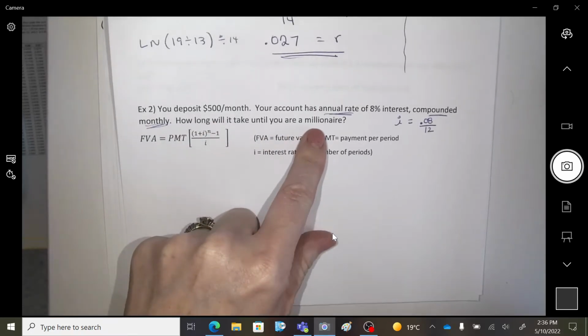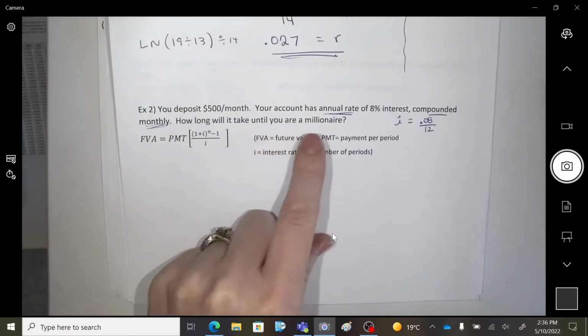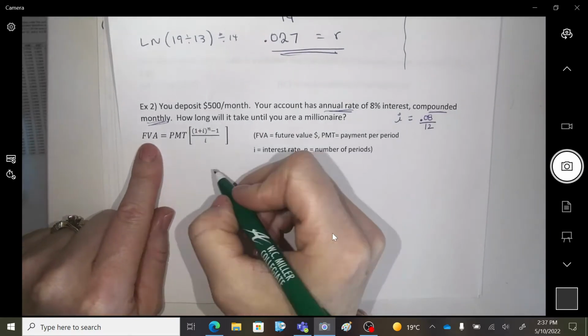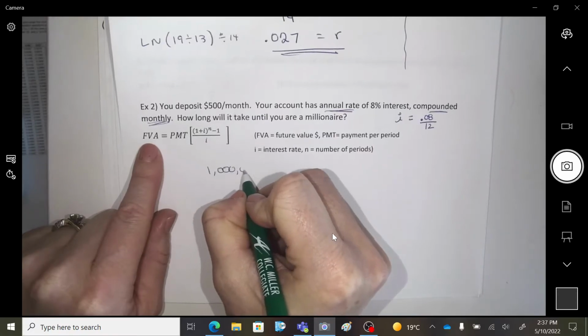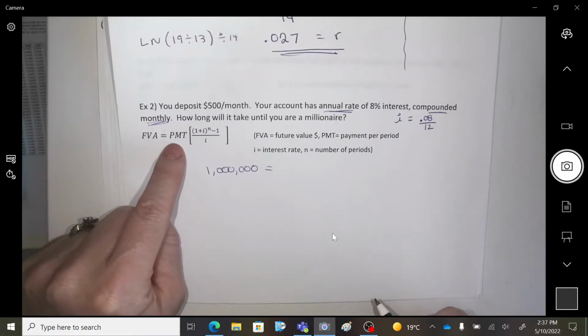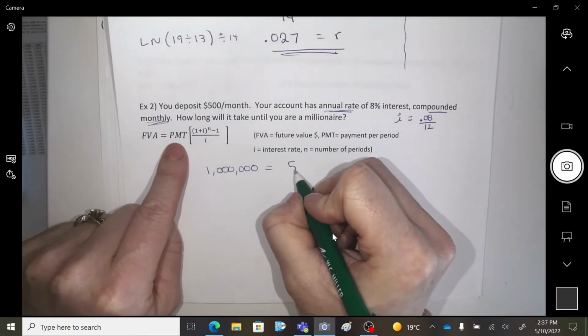How long will it take you to become a millionaire? Okay, so the future value, that's that. I want $1 million. The payments, so that's the $500 a month.